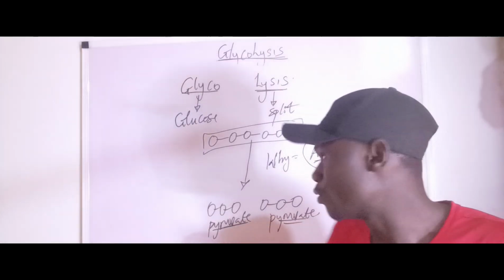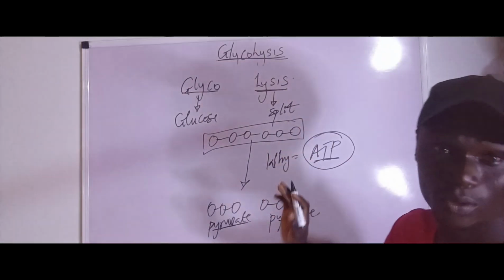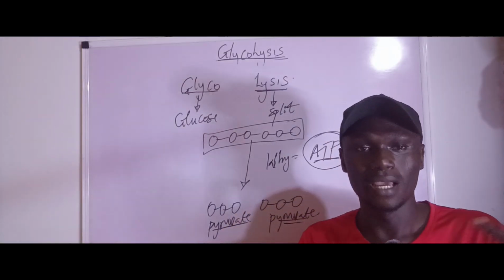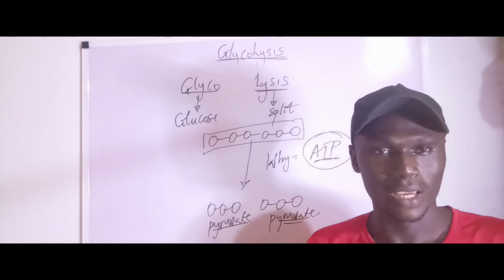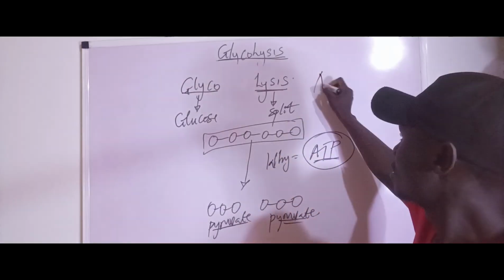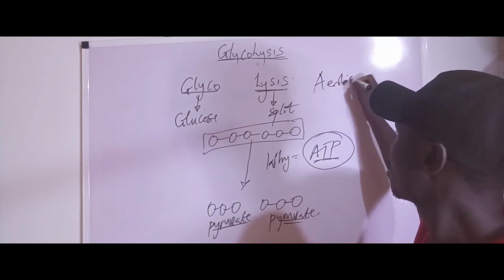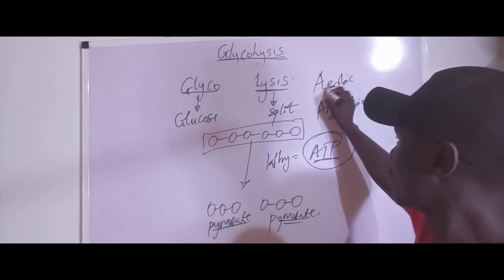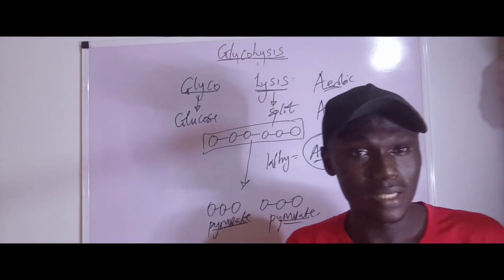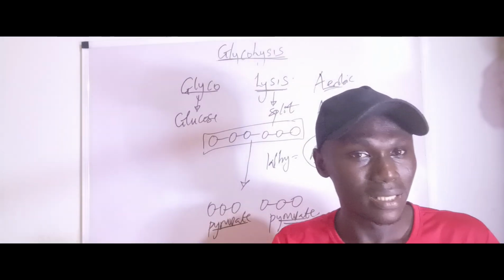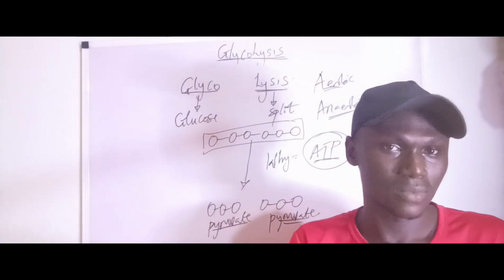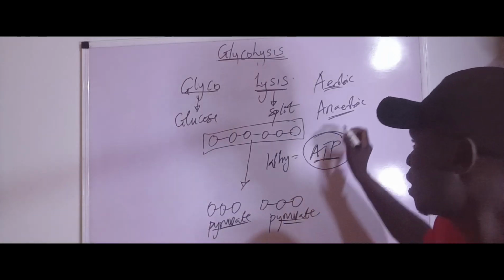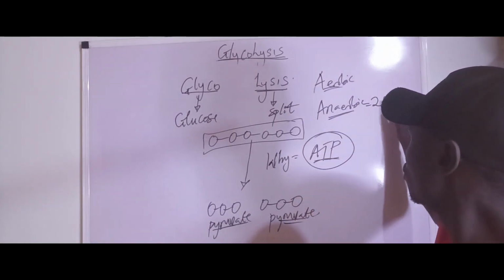We have two types of glycolysis: aerobic and anaerobic glycolysis. Aerobic glycolysis will produce 7 ATP. Anaerobic will produce 2 ATP.